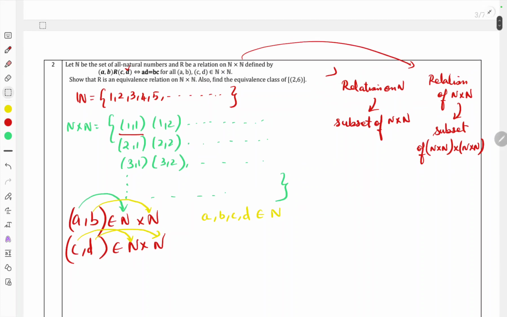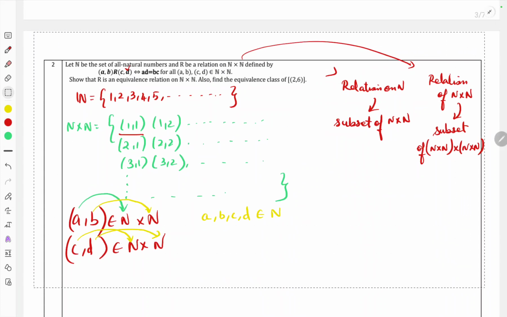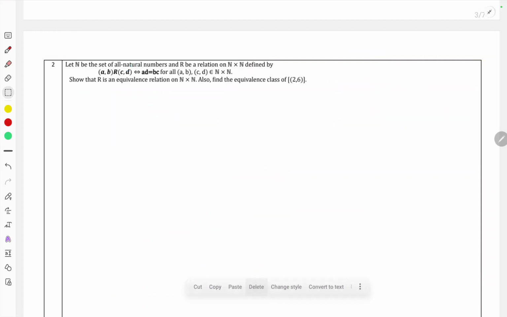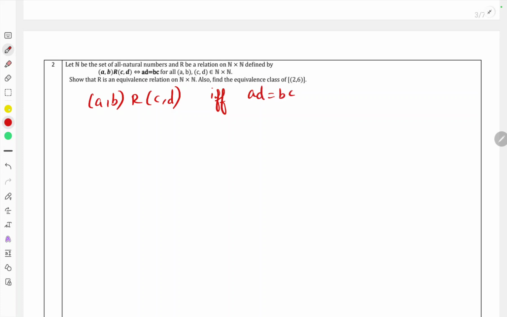So first I will erase this. Now in this part, (a, b) is related with (c, d) if and only if ad equal to bc. This time I have to multiply. Now if it is reflexive, whatever element you have here, it should be related to itself. So I have to check (a, b) related with (a, b) or not.